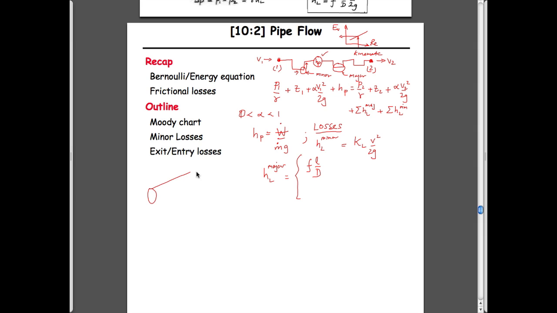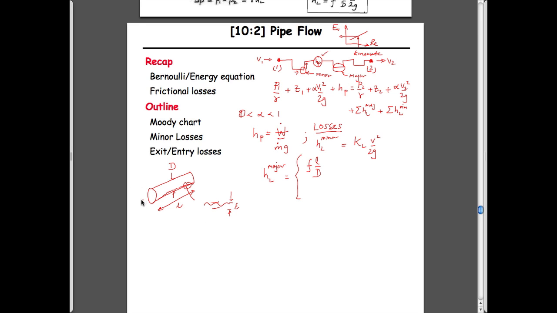So if we're looking at the geometry of a particular pipe, it has some length, it has some diameter. As we drew last time, it has some roughness. If you were to take out this little view here, this would be the size of the pipe, and this magnitude here would be roughness, which in your book is called epsilon.